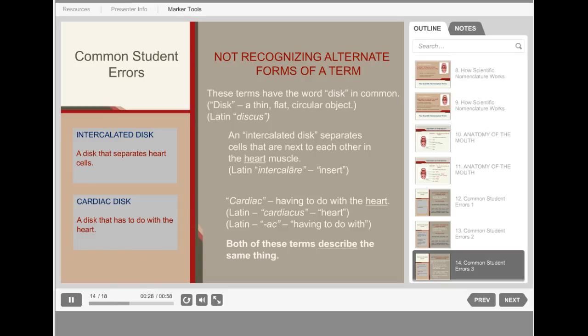An intercalated disc separates cells that are next to each other in the heart muscle. Latin intercalare, which means insert. And a cardiac disc is having to do with the heart, from Latin cardiacus, which means heart. Therefore, both of these terms describe the same thing since there are no other discs in the heart.